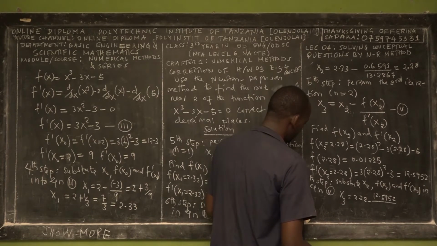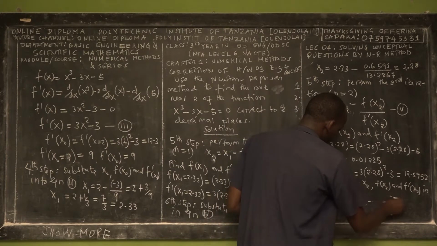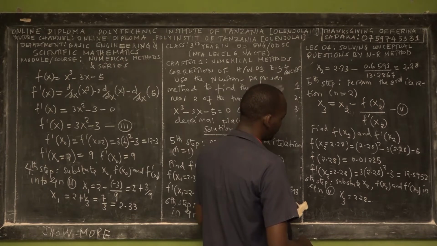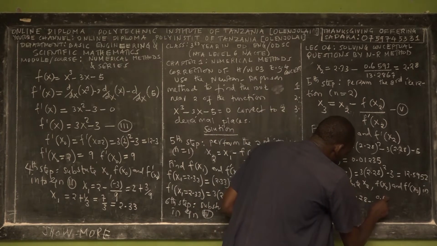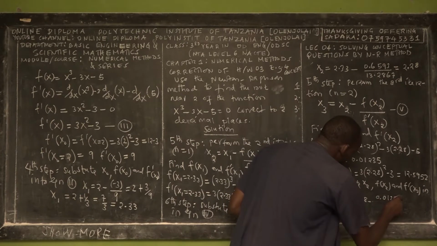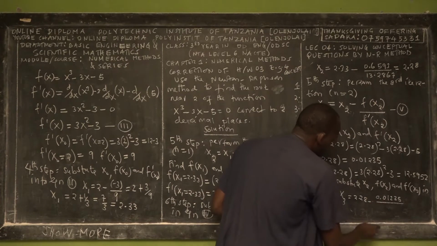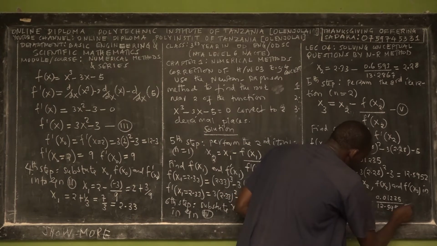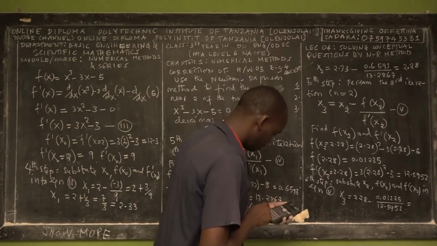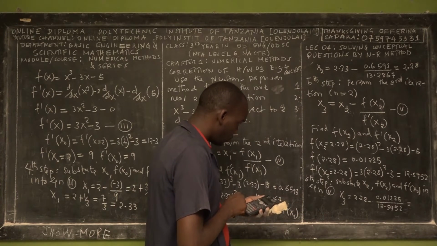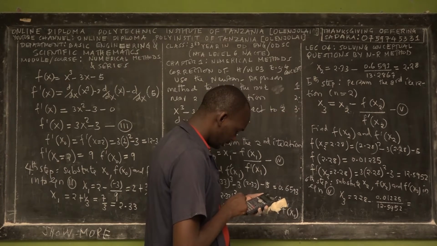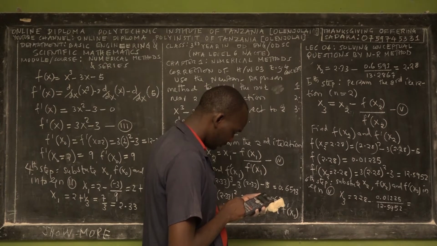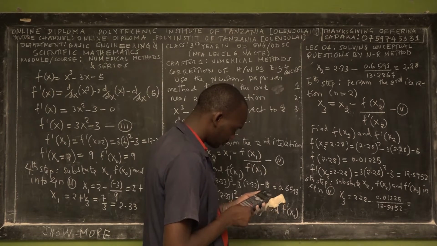So you have f(x2), and f(x2) is 0.01235 over 12.5952.